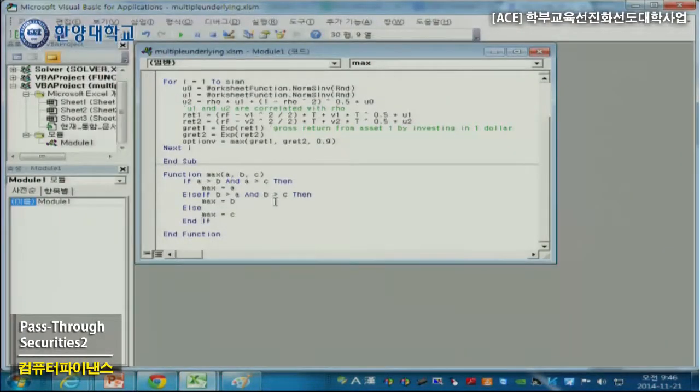So I defined the max function such that it picks the largest one. So the structure of this derivative is that the client can invest $1 in this product, and at the end he can pick the best one out of the return from the first asset, the return from the second asset, and then the third option is you lose just 10%.